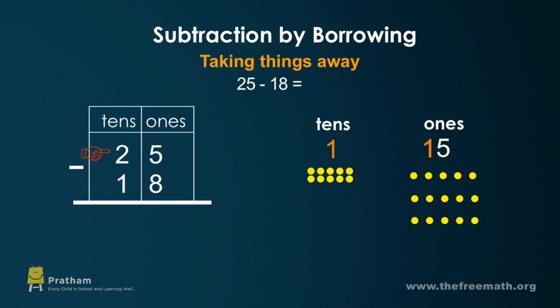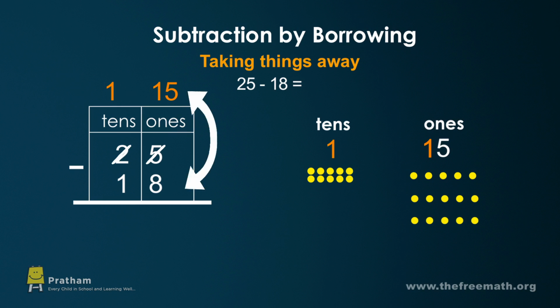So instead of 2 tens and 5 ones, now you have 1 ten and 15 ones. So 25 can be written as 2 tens and 5 ones, or it can be written as 1 ten and 15 ones.